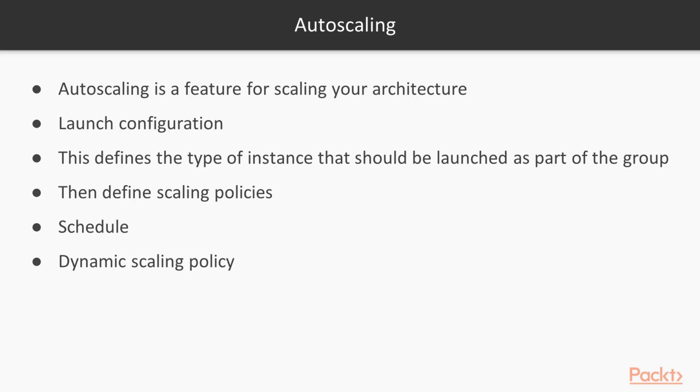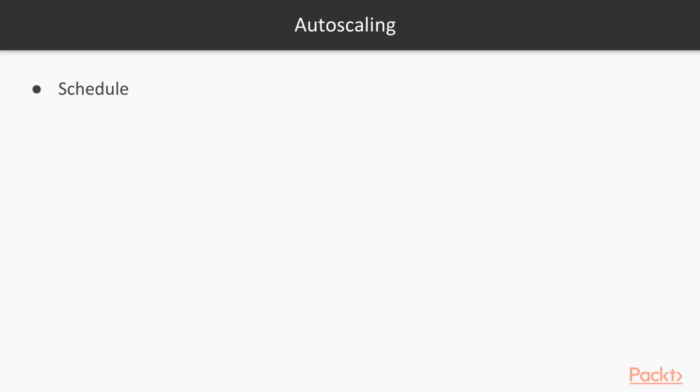Now again, just to go back to an example of these different types of scaling policies. So let's go back to the schedule. It's important to understand when you would use which type of scenario. Let's say you have an application that is being used in your organization very heavily early in the morning. For example, let's say you have your support team that uses an IT support system in your company.